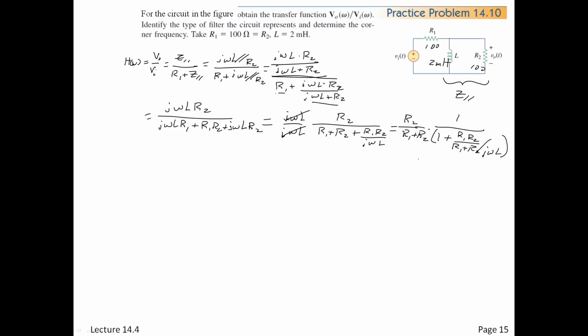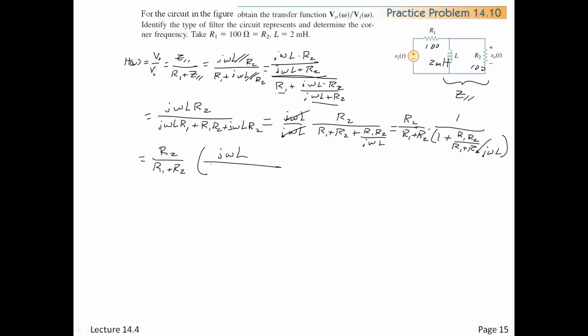Okay, just try to be careful. So now if I multiply top and bottom by j omega, which seems kind of silly since I pulled it out here, means I probably could have done this in an earlier step. But I'll clean it up and say I've got R2 over R1 plus R2 times j omega L, plus R1 R2.